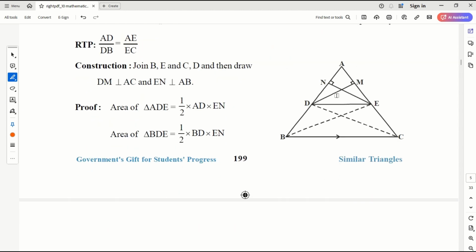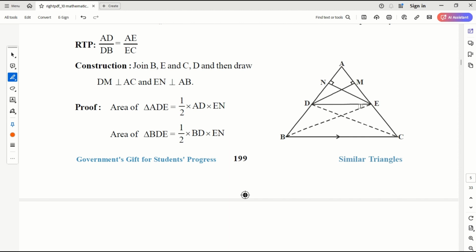Now let's construct a perpendicular line DM onto AC. Similarly, EN is a perpendicular line. Now the area of triangle ADE is half into base into height.